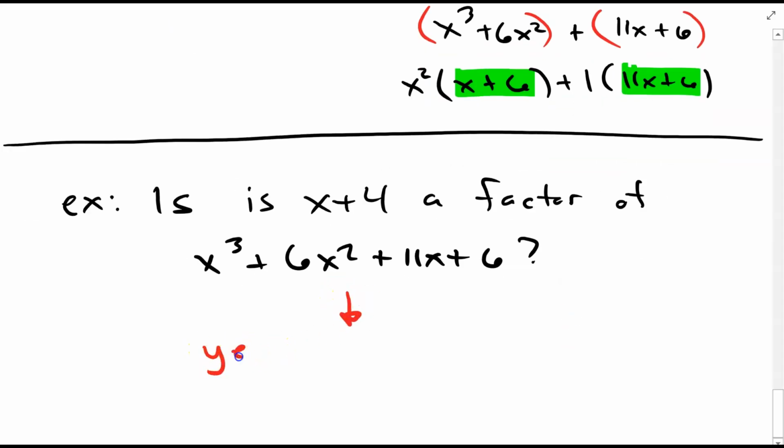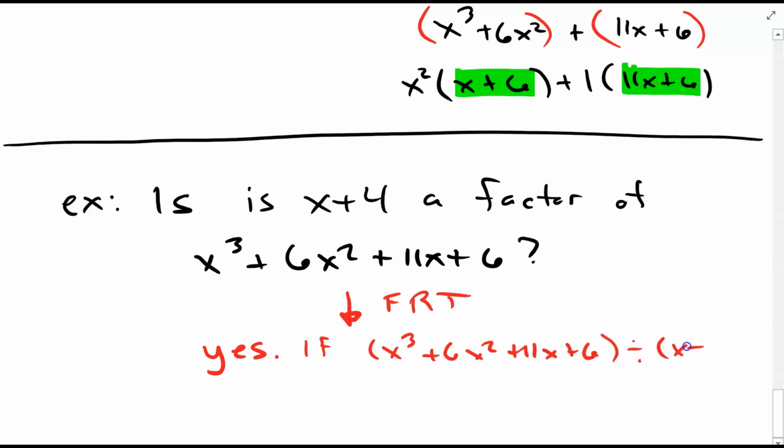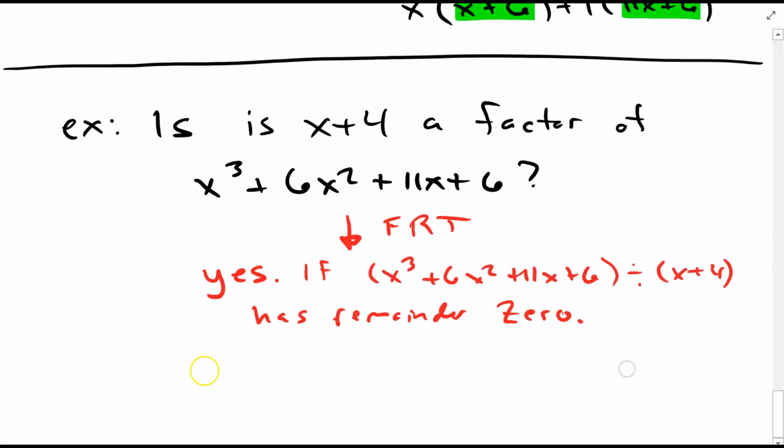So we know from the factor remainder theorem, I'll just abbreviate that as FRT, that we'd answer yes if x cubed plus 6x squared plus 11x plus 6 divided by x plus 4 has remainder 0. And then we'd answer no if it's not 0, right?